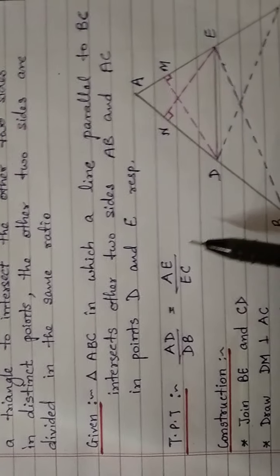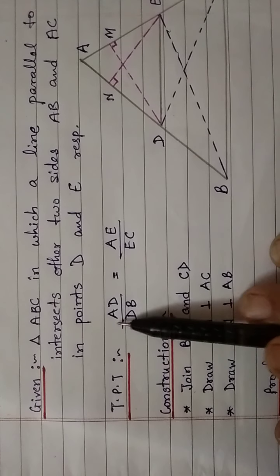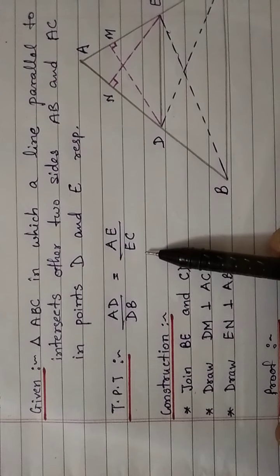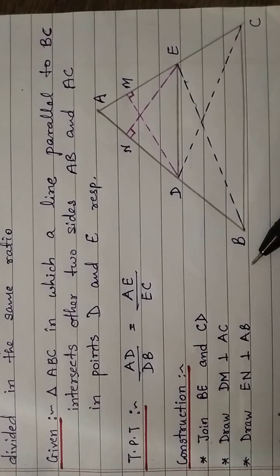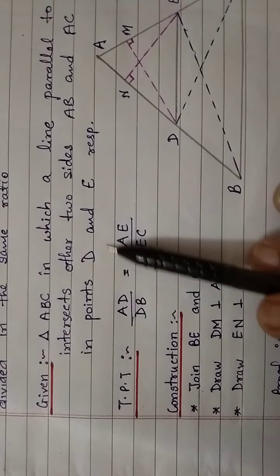And what do we want to prove? That AD upon DB is equal to AE upon EC.